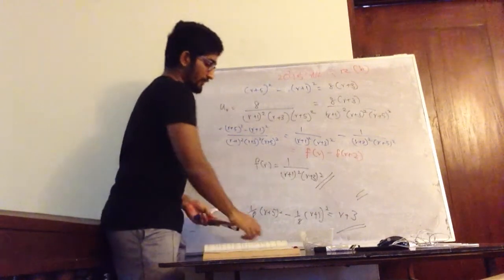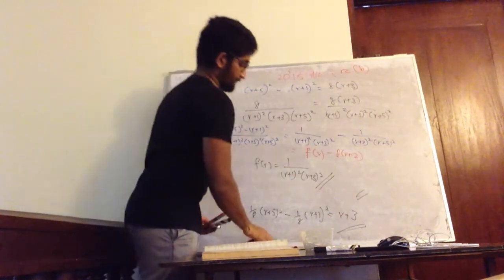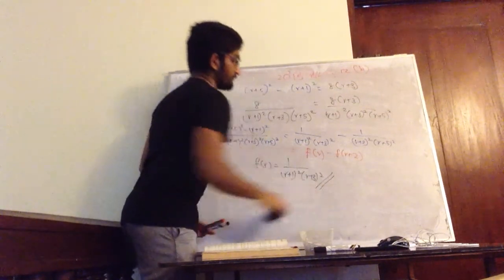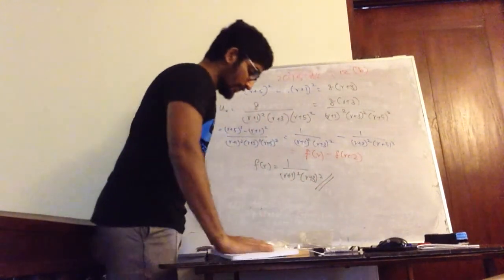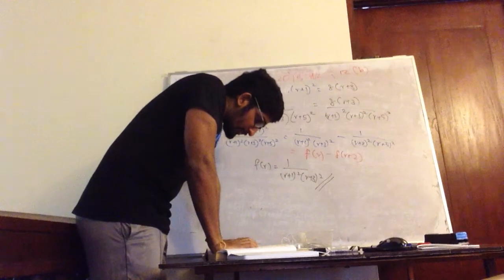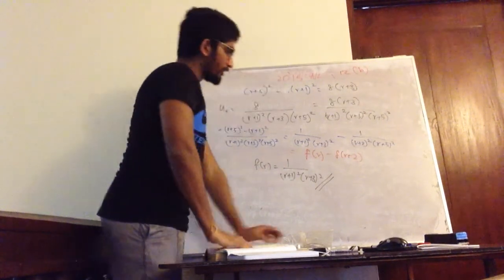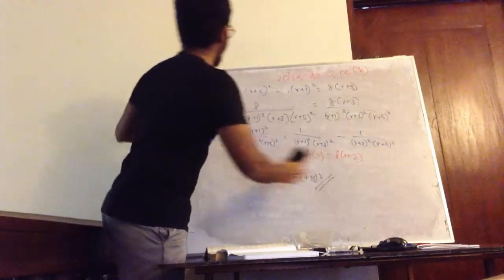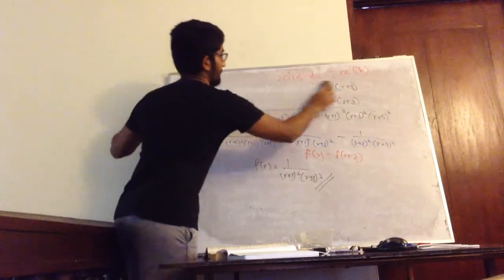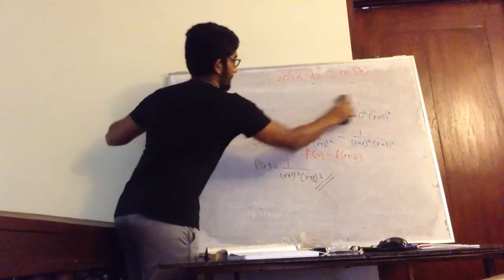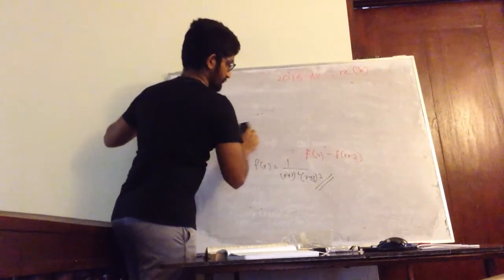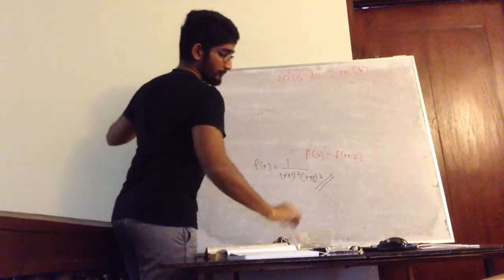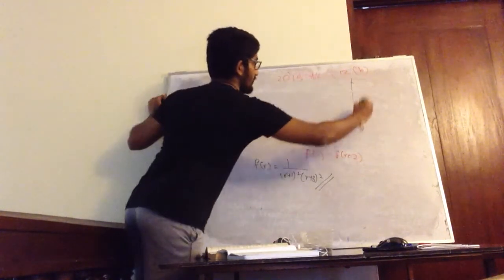We have done that, so that part is also done. Then they are saying find the sum of the series from r to N. Right, so I'm going to write this f(r) here.